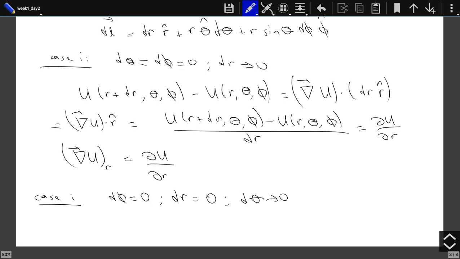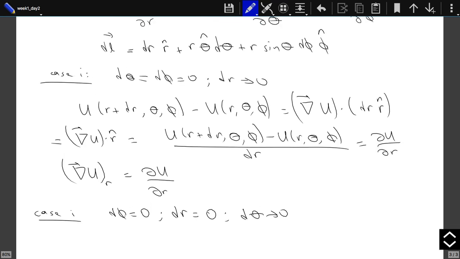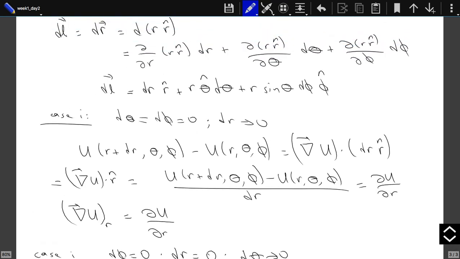Well, if I consider this case, what will change? Well, here theta will be theta plus d theta, r will be r, and phi will be phi. On the right-hand side, I will have the gradient of u multiplied with, remember, only d theta is non-zero, the second term over there.